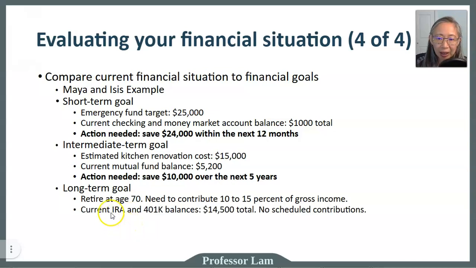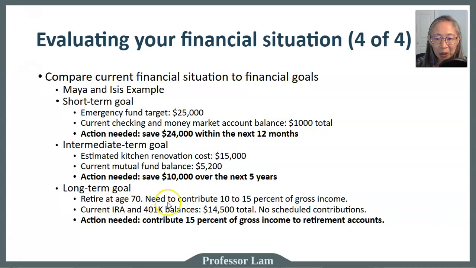Their current retirement balance, so IRA and 401k, again, we'll explain those later on in the retirement chapter. These are their retirement accounts. They have $14,500 total. Remember last year, Maya and ISIS spent almost all their take-home pay. So they were not contributing to any retirement account.